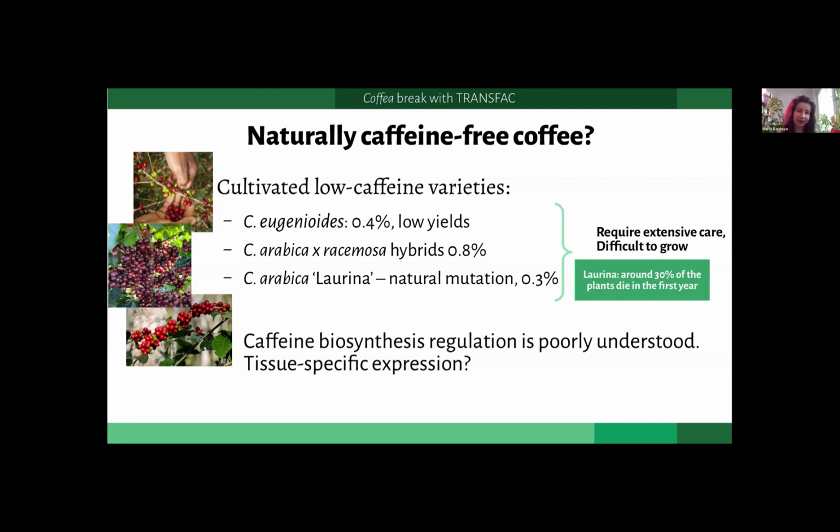But even this strain with 0.3% caffeine in the beans is way more difficult to grow than typical Arabica. For example, farmers growing it report that 1/3 of all newly planted coffee of this variety die in the first year.